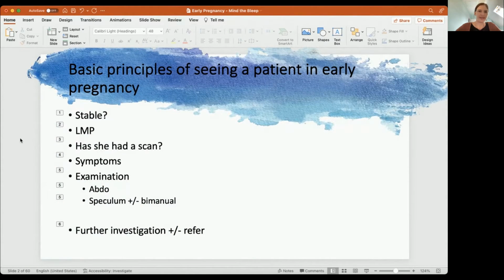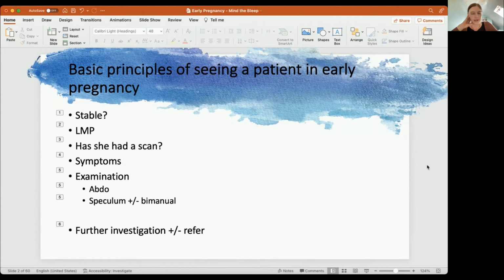So the basic principles of seeing a woman in early pregnancy. Basically, anyone you're seeing in A&E, of course, you're always going to check she's stable. With early pregnancy in particular, the first thing you want to know is when her last menstrual period was, so you can know roughly how many weeks she is. It doesn't have to be exact, just roughly how many weeks she thinks she is pregnant.